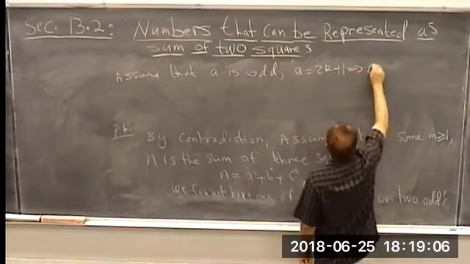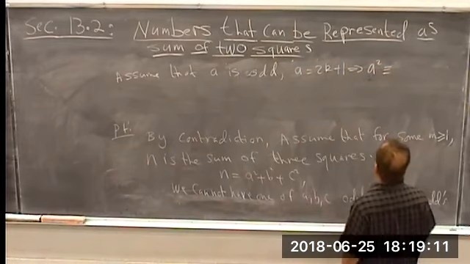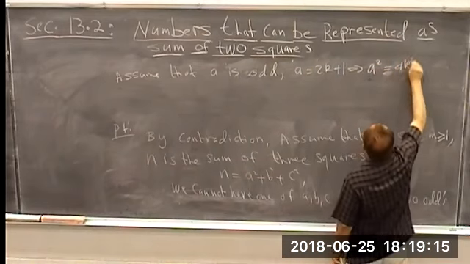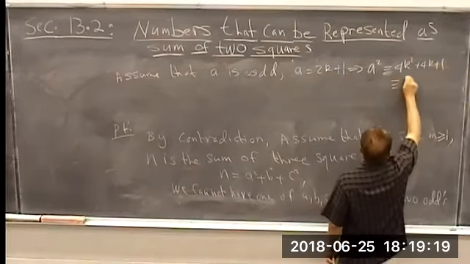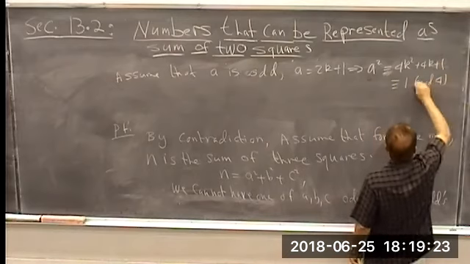This implies A squared is equal to 4k squared plus 4k plus 1, and this is congruent to 1 mod 4.